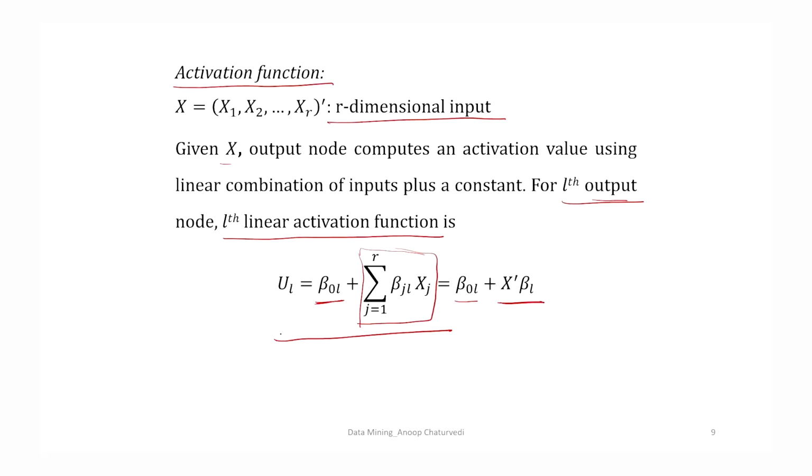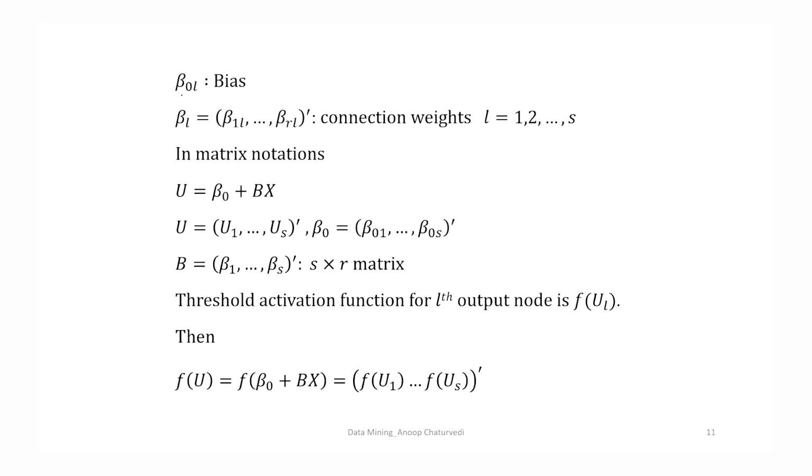Now, in this representation of the relationship between u's and input variables x's, beta naught L is the bias, then beta L is the vector of connection weights for all L equal to 1 to S. So, beta L is actually the vector beta 1 L, beta 2 L, so on beta R L transpose.